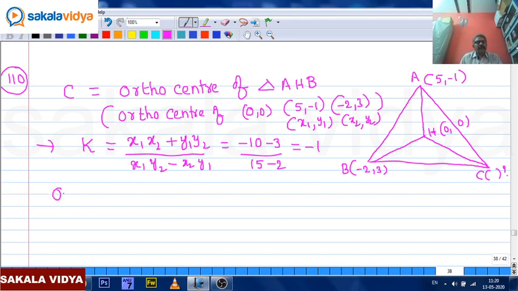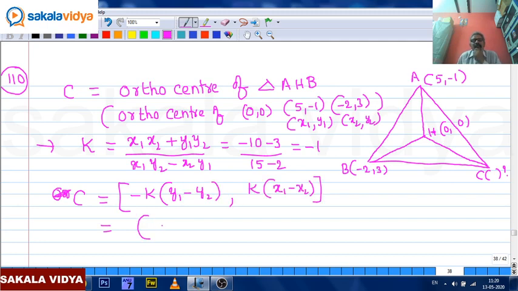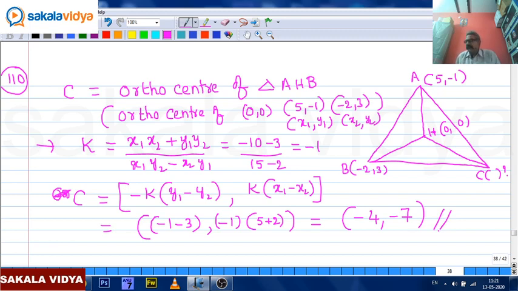Now C equals minus k times y1 minus y2 comma k times x1 minus x2. y1 minus y2 is minus 1 minus 3, which is minus 4, and x1 minus x2 is 5 plus 2, which is 7. So C is minus 4 comma minus 7.